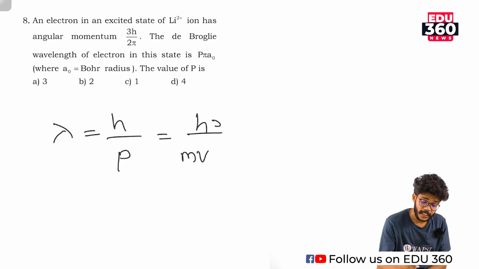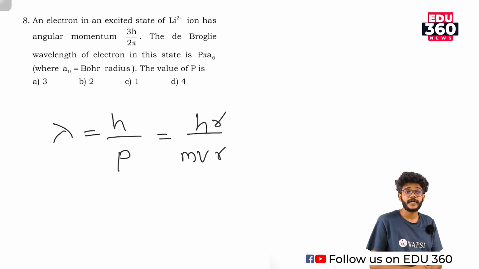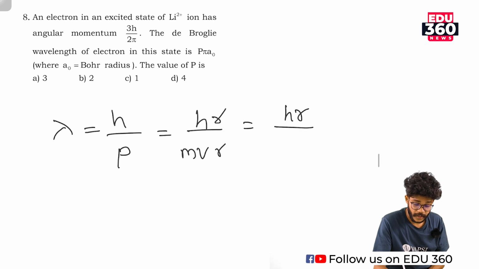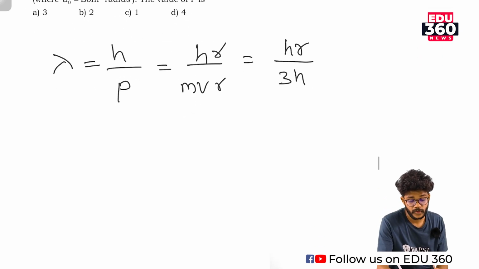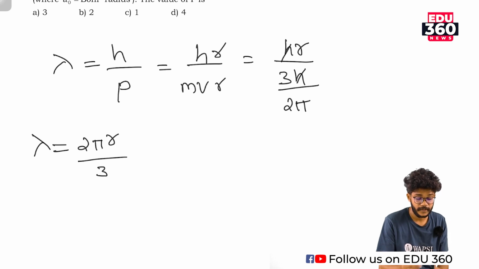I am multiplying r in the numerator and the denominator. Then the denominator becomes the angular momentum, so that will be equal to hr by mvr, where mvr is 3h by 2 pi. h and h can be cancelled. So lambda is equal to 2 pi r divided by 3.